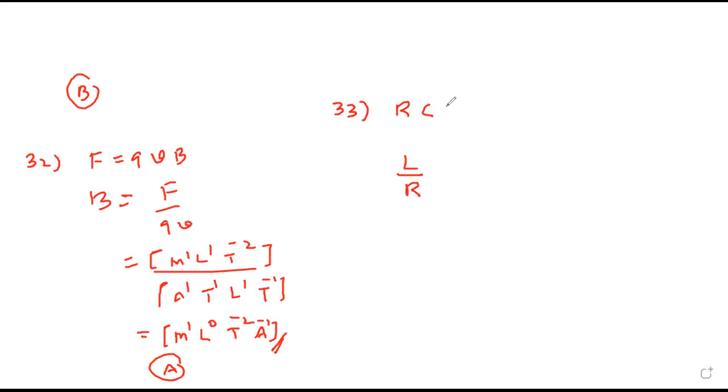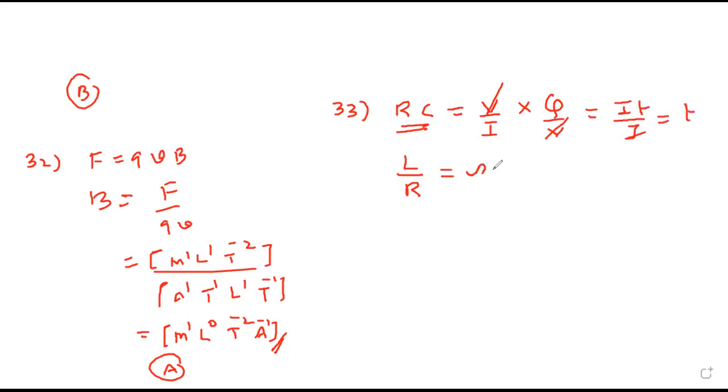Resistance is potential upon current, R is V upon I. Capacitance C is charge upon voltage. So RC: VV gets cancelled, Q is IT upon I, so it is equivalent to time.